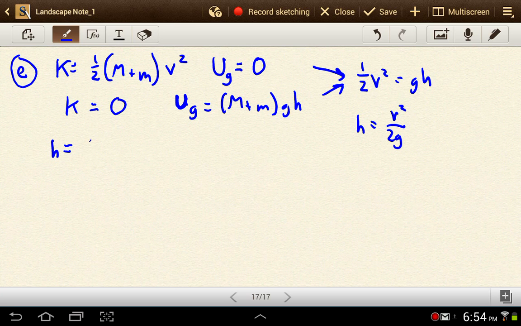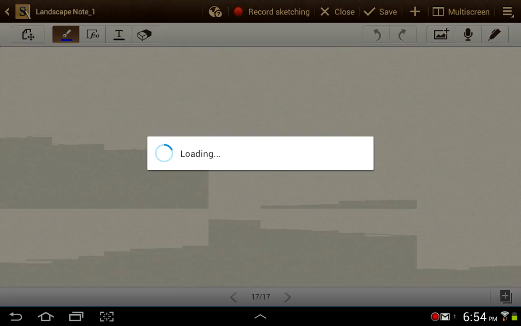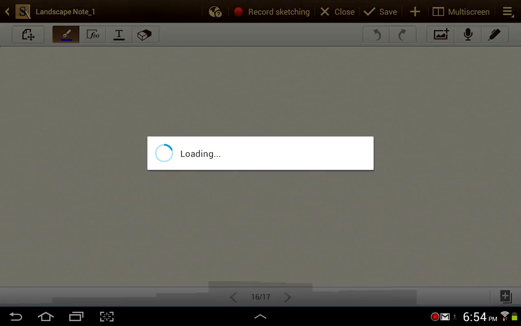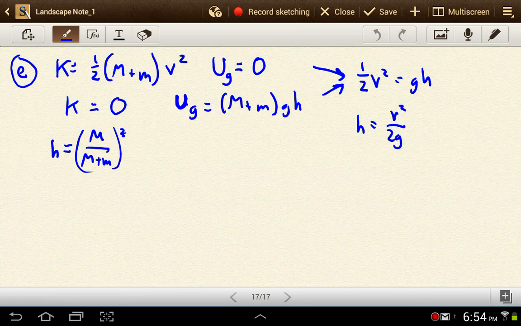It's going to be big M over big M plus little m, squared, and let's go back and check again, square root of 2gH, so that's going to be 2g big H all over 2g, which is actually kind of a nice result.